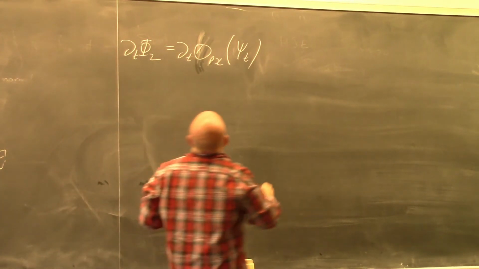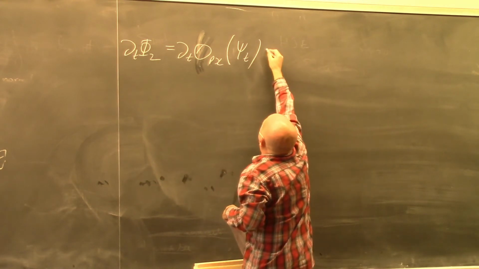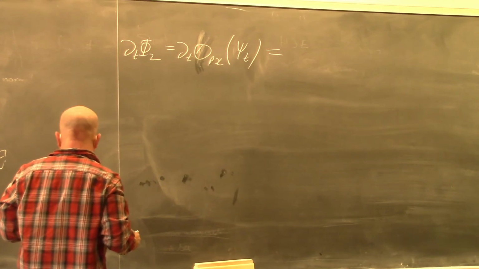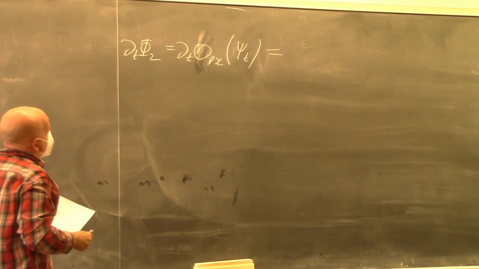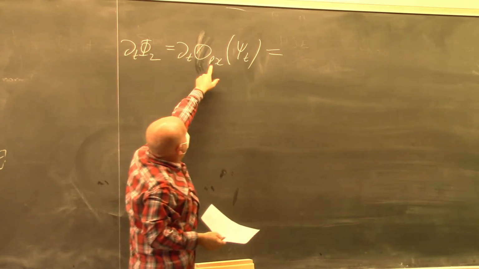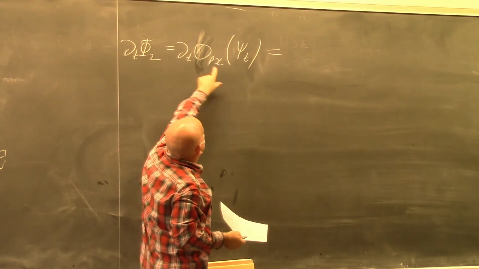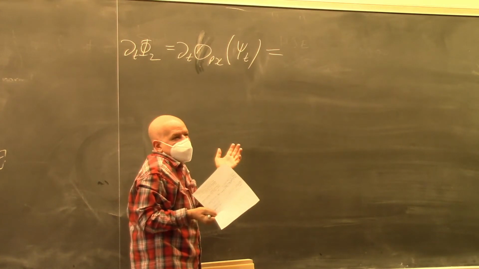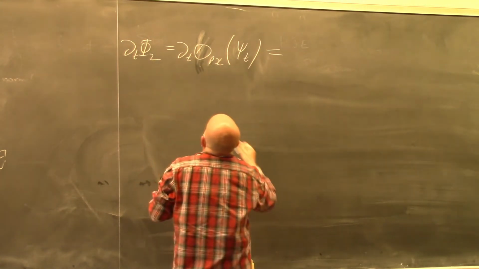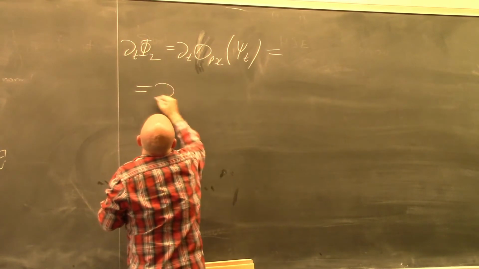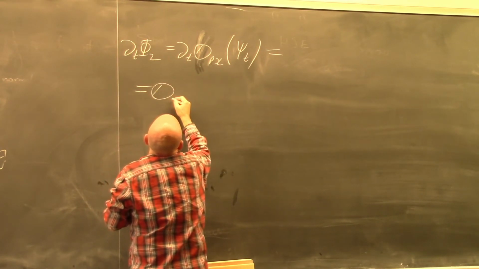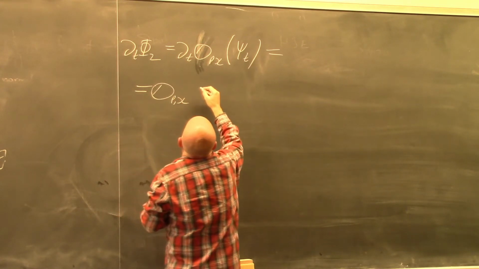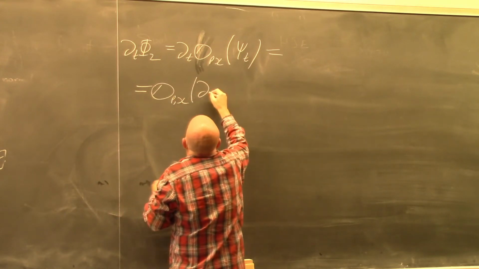Okay? Differentiation with respect to t commutes with ordering p and x. These are completely independent operations. So this is the ordering, in the order p and x, of the derivative.